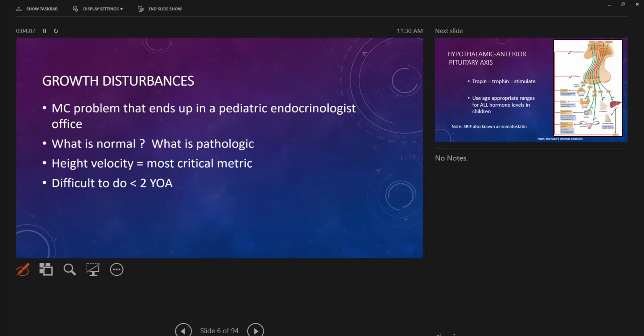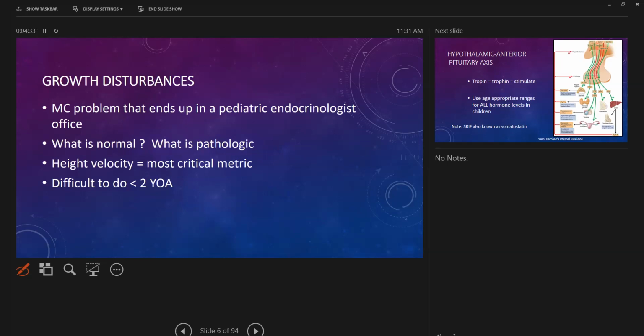When we're talking about normal in a population of people, particularly a pediatric population, really any population, we want to think about what is pathologic. So normal has a wide range, and what we have to realize is that sometimes people will live on the outlying ends of that range.